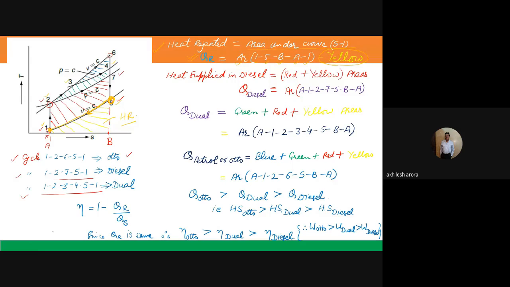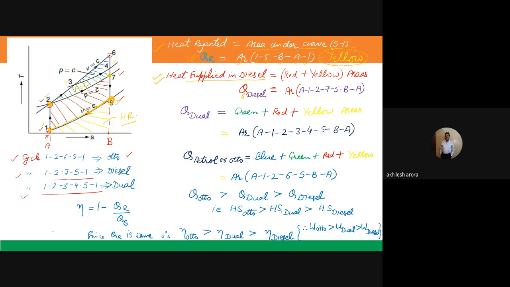Okay, and now I can calculate the heat supply. First of all, I am taking the heat supply in the case of the diesel engine. Which is the process during which the heat is supplied in a diesel engine? Heat is supplied at constant pressure, and this is the constant pressure process here from 2 to 7. Okay, this is the point here, and this is the point here. Whatever is the area under this curve 2 to 7 will represent the heat supply in the diesel engine. I can see clearly that it is the red area and the yellow area which represent the heat supply in the diesel engine.